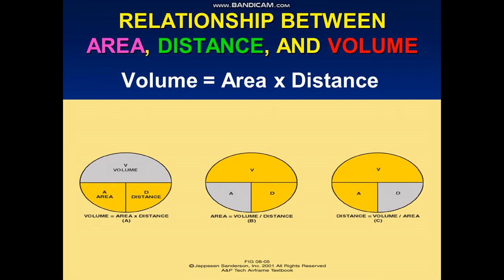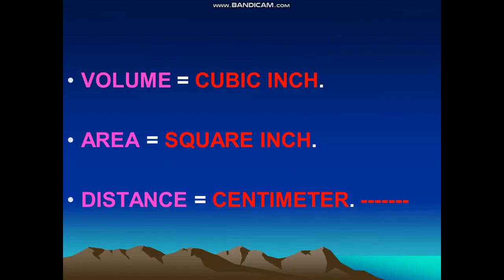What about if you want to find the distance? You must take the volume over the area. The unit of the volume is cubic inch. The unit of the area is square inch. And the unit of the distance is centimeter, millimeter, meter, and so on.